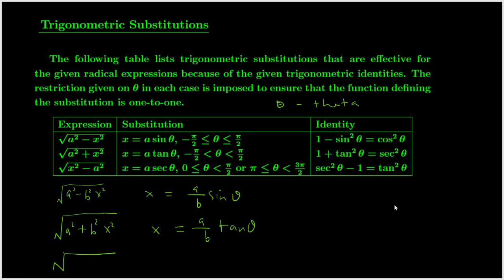If you see a radical something like b squared times x squared minus a squared, very similarly, the substitution we need is to let x be a over b times secant of theta.